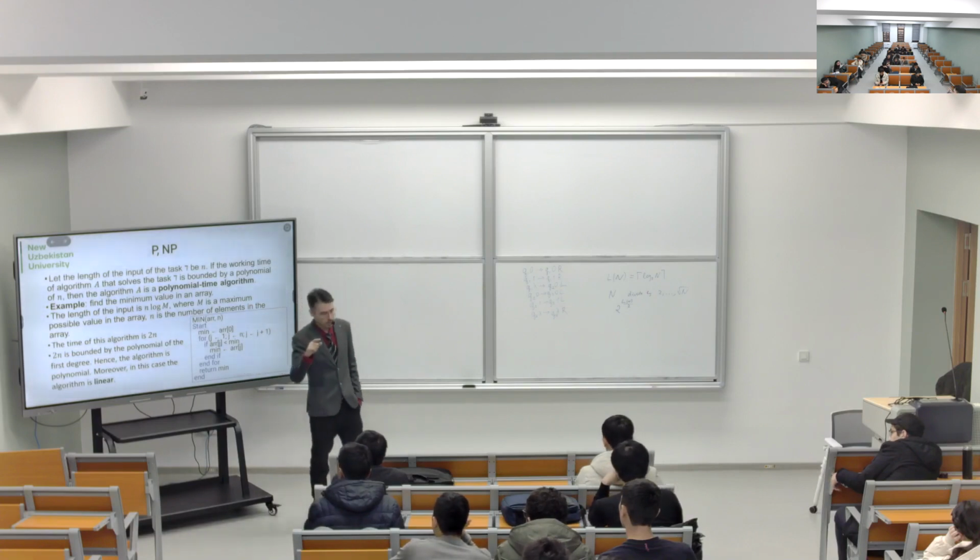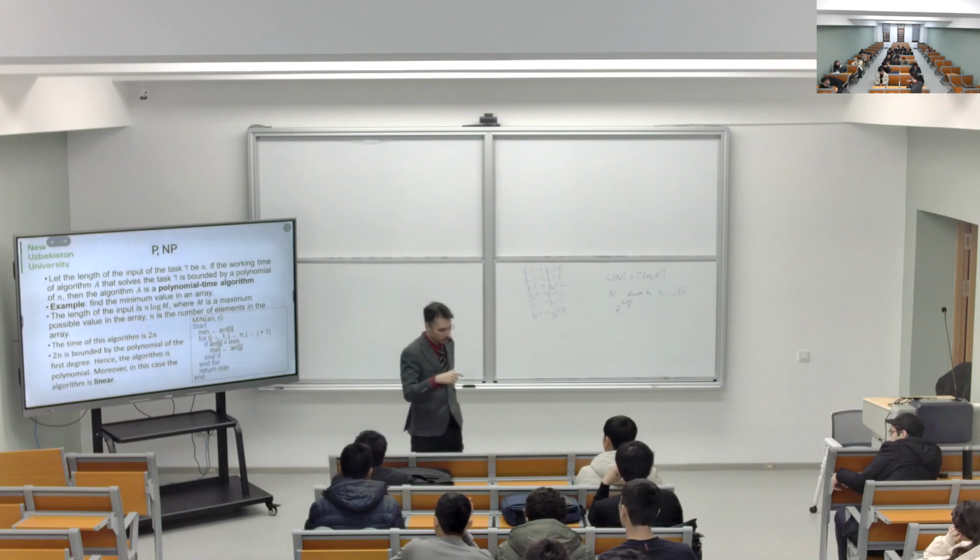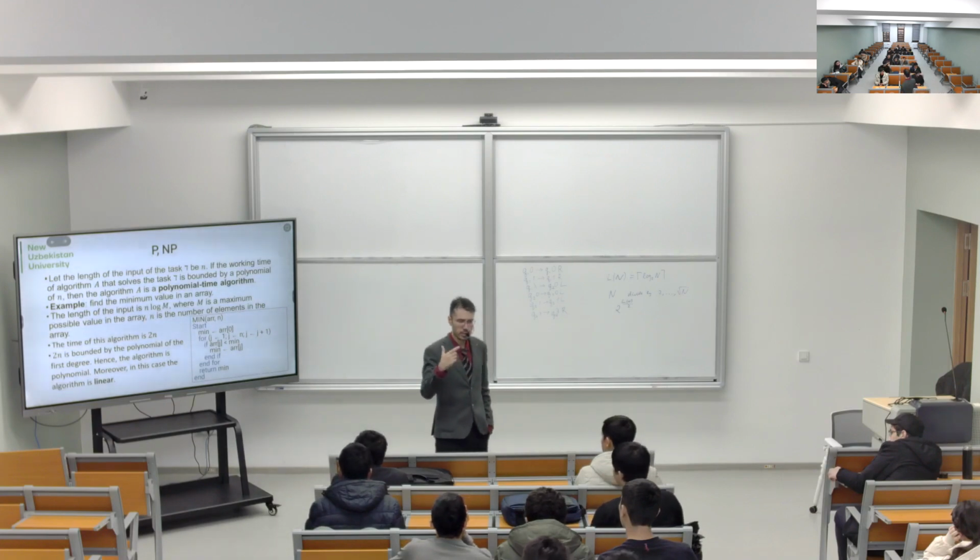And you remember that I told you, when we counted Fibonacci numbers, I gave you a logarithmic time algorithm. But if you write n in the binary system, you write it with logarithmic length. So it is actually a linear algorithm.